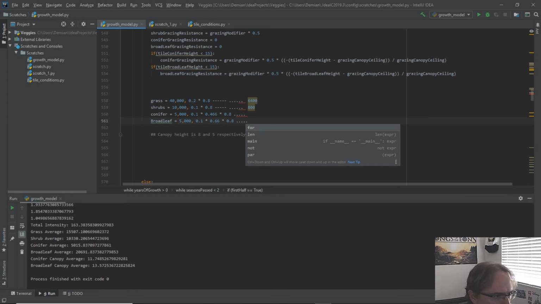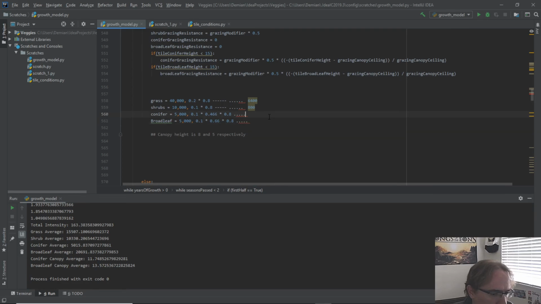So conifer casualties come to 5,000 times 0.1 times 0.466 times 0.8. So we end up losing 186.4. Broadleafs 0.1 times 0.66 times 0.8 times 5,000. 264.